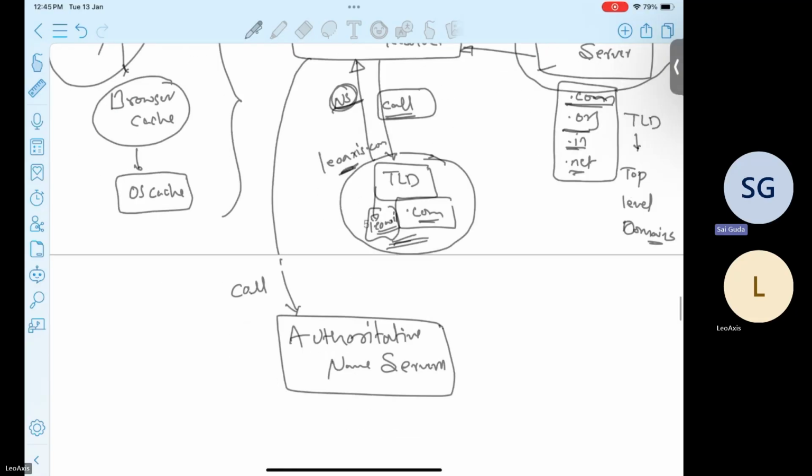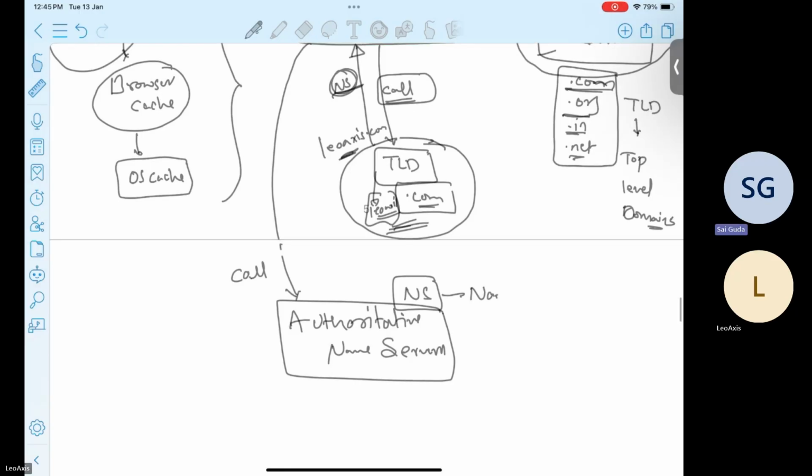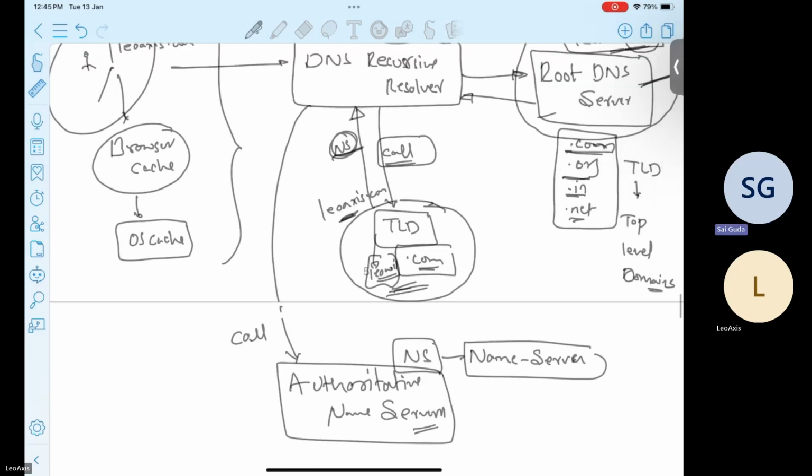NS stands for name servers, which point to the respective servers. We get these details from the TLD because the TLD database contains the respective authoritative name server details.